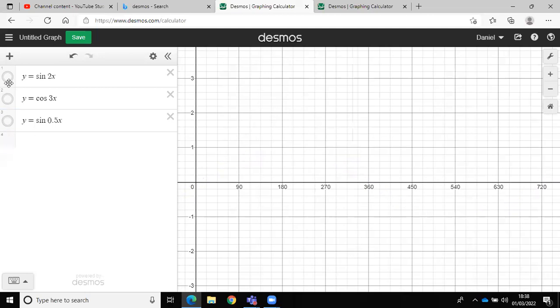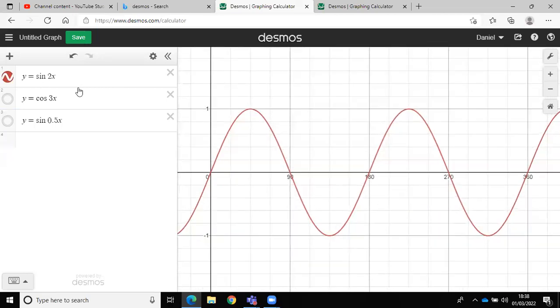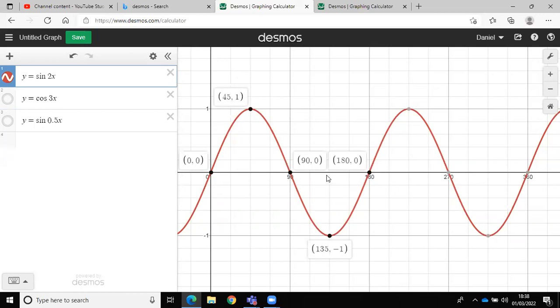Just to go back so we can see it nice and neatly laid out: y equals sine 2x, starting at 0. You've moved your milestones. You've done 90 divided by 2, so your milestones are now every 45. Instead of your maximum being when x equals 90, your maximum becomes when x is equal to 45.